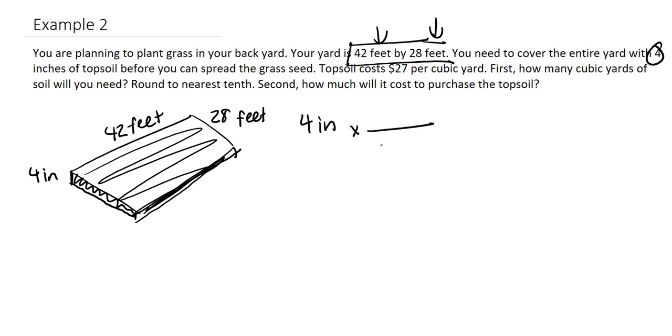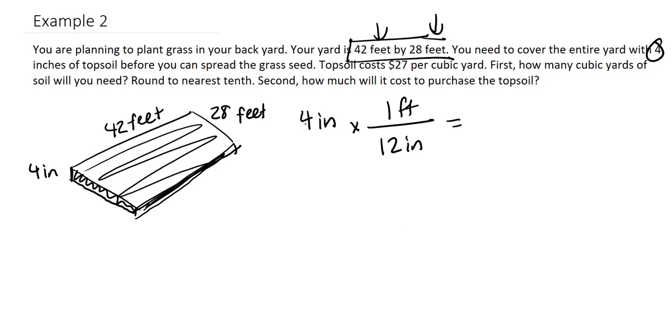So if we were to do that, we have 12 inches is equal to 1 foot. So 4 times 1 is 4 divided by 12. So we're just going to keep it actually as 4 twelfths, which is 1 over 3 feet. It'll just be easier to multiply rather than going 0.3333 and continuing on.